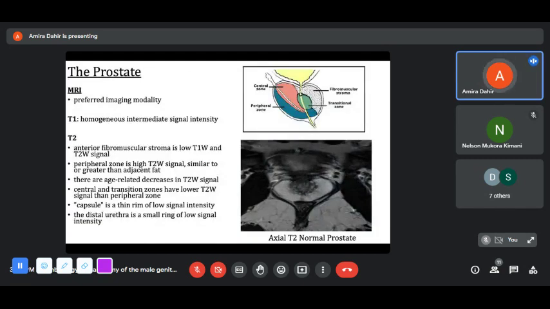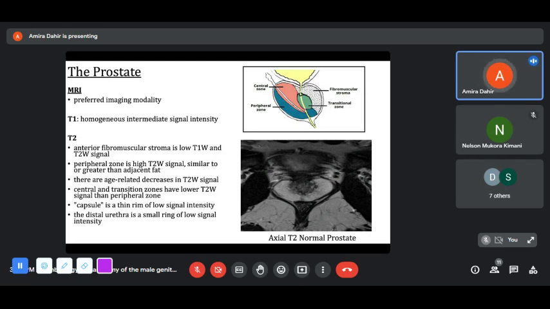As for MRI, it's the preferred imaging modality. The prostate in T1 weighted appears as homogeneous intermediate signal intensity. The anterior fibromuscular stroma is low in T1 weighted images and also low in T2 weighted images. The peripheral zone is high in T2 weighted image, similar to or greater than the adjacent fat.